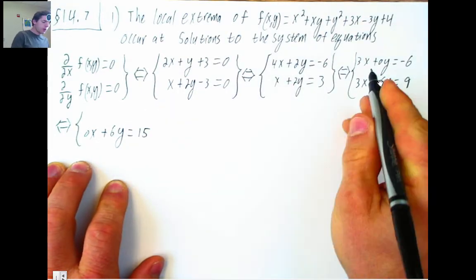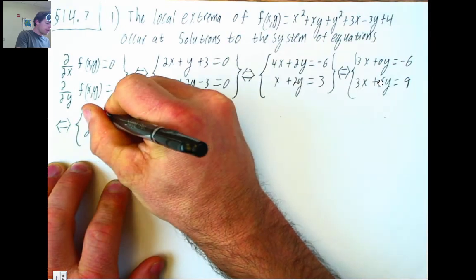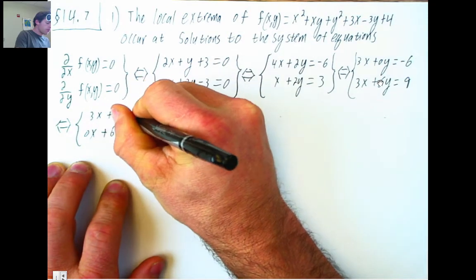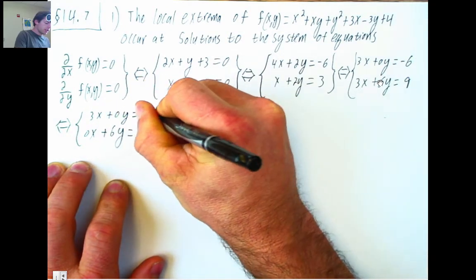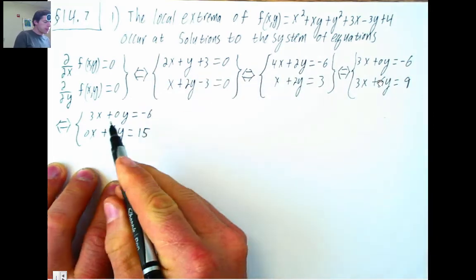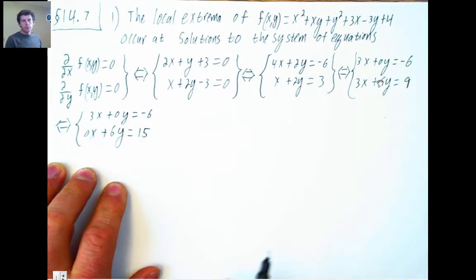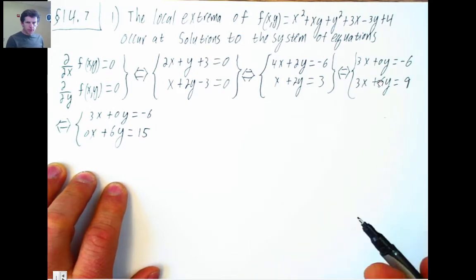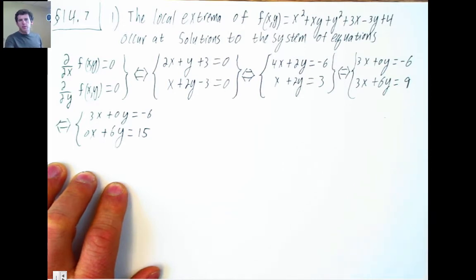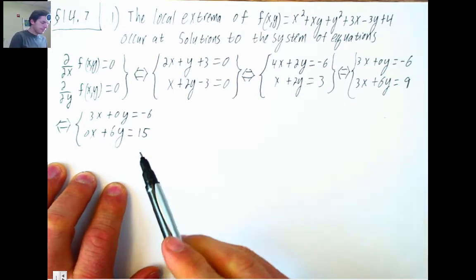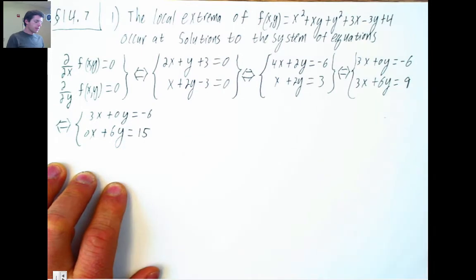And the first equation I leave as is: 3x plus 0y is equal to negative 6. And you probably think I'm crazy for keeping around a 0y and a 0x, but it's kind of a placeholder so that everything lines up, so that the y's are lined up and the x's are lined up.